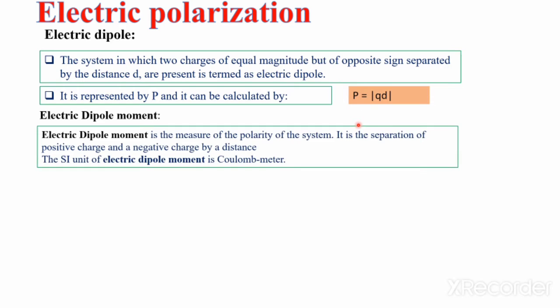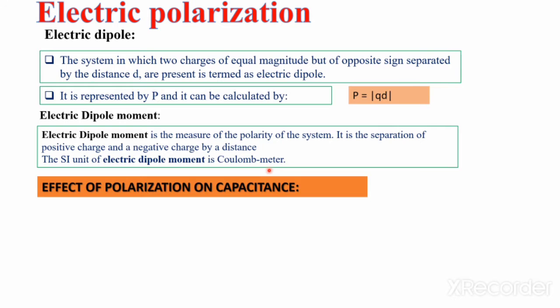Electric dipole moment is the measure of polarity of the system. It is the separation of a positive charge and a negative charge by a distance. The SI unit of electric dipole moment is coulomb meter. The simplest example is a pair of electric charges of opposite signs and equal magnitude separated by a distance.